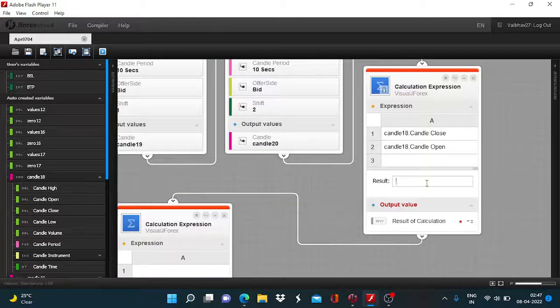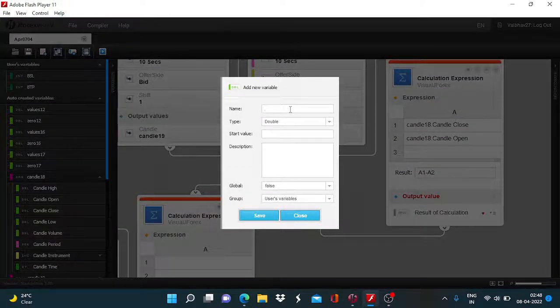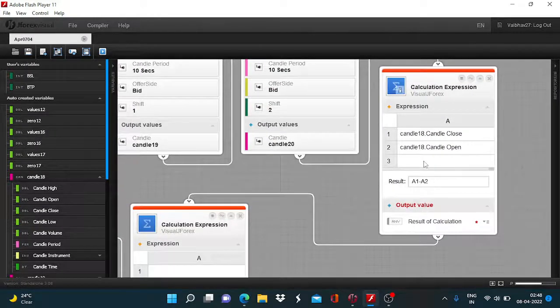So we have to make this A1 minus A2. I think here this needs to be in capital. Okay, and whatever the difference is, we can straight away multiply it with 2.